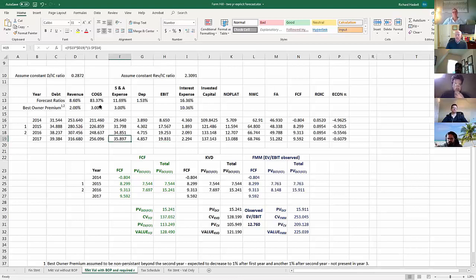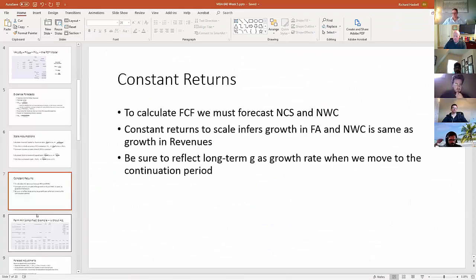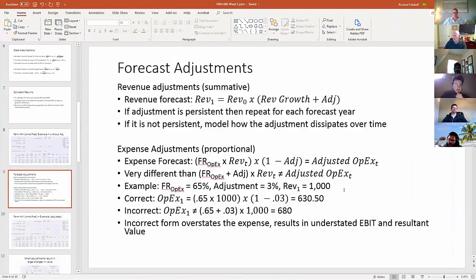So look at how we've applied these. Remember I showed you 2 methods last week. I'll go back to my forecasts here. I showed you 2 methods that yielded 2 different values, either taking the operating expense ratio, so the forecast ratio times the revenue, identifying that as a value, and then multiplying it by 1 minus the adjustment, which is the correct way to do it.